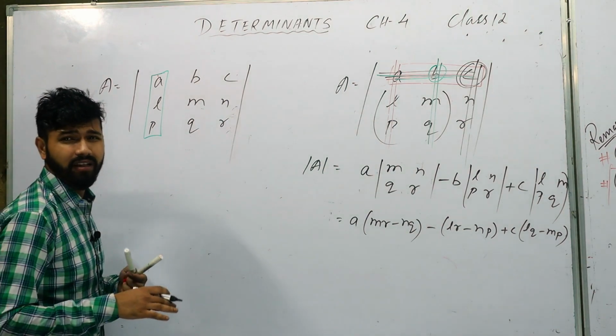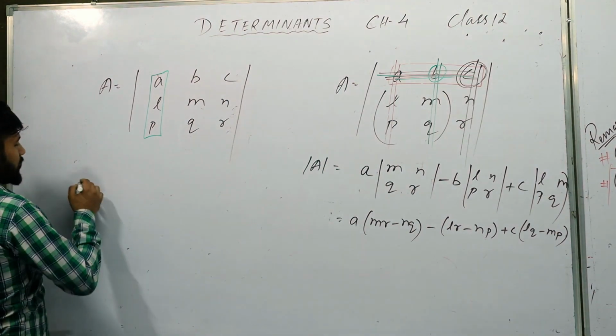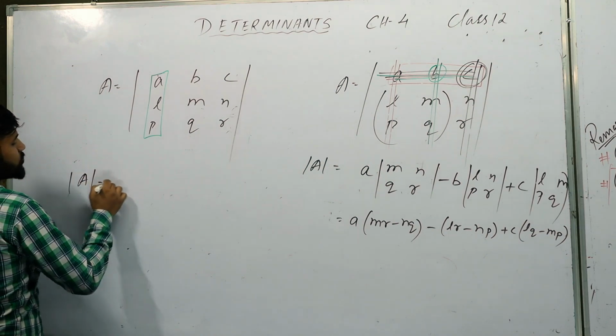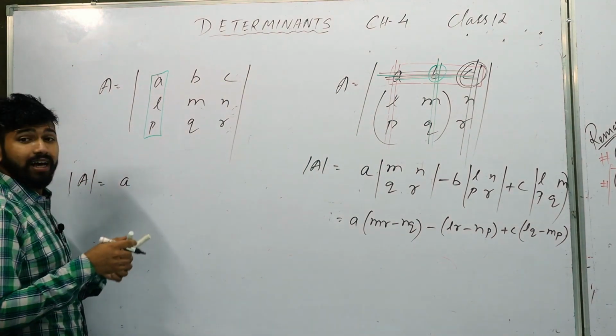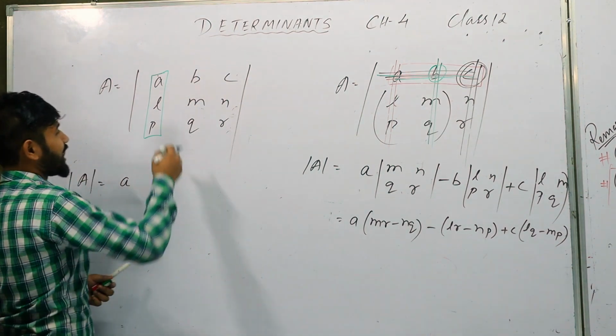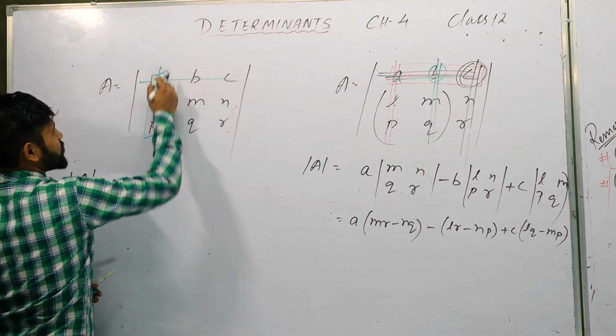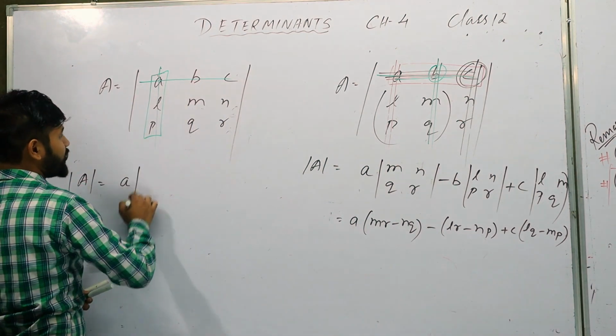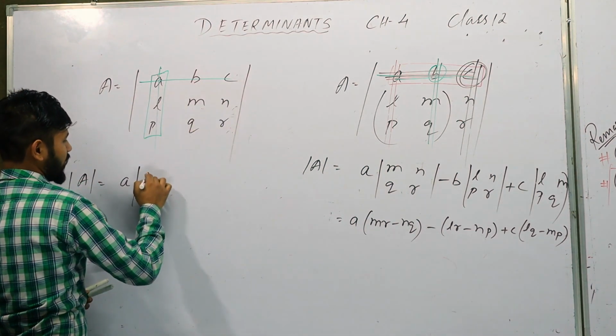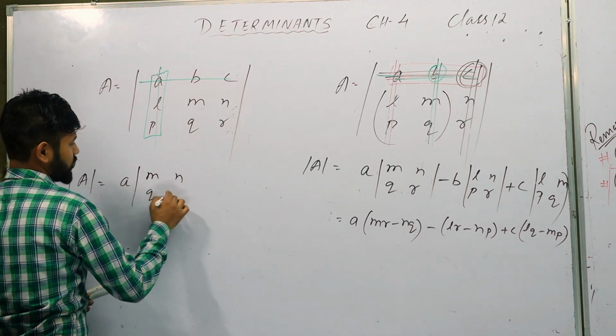That's okay, not a big deal. Easily you can solve it. Now the determinant of A is equal to, first is A. If you consider A, what elements lie under this row and this column? We should eliminate those, so B, C, L, P should be eliminated. What is the value that lies? M and Q, R.